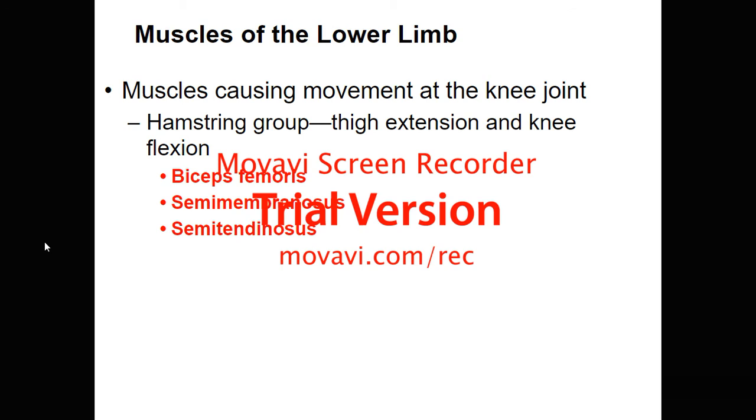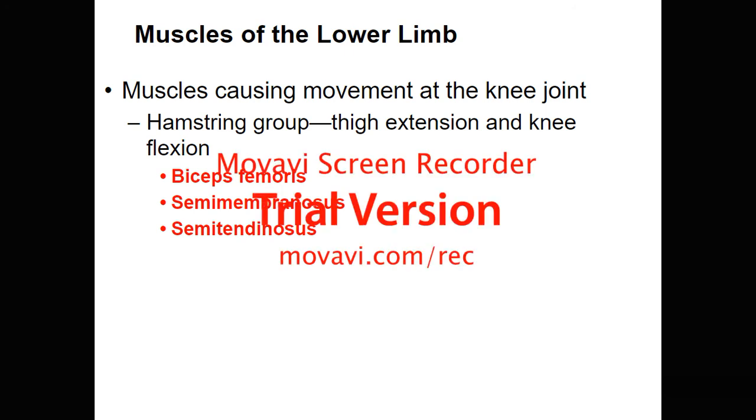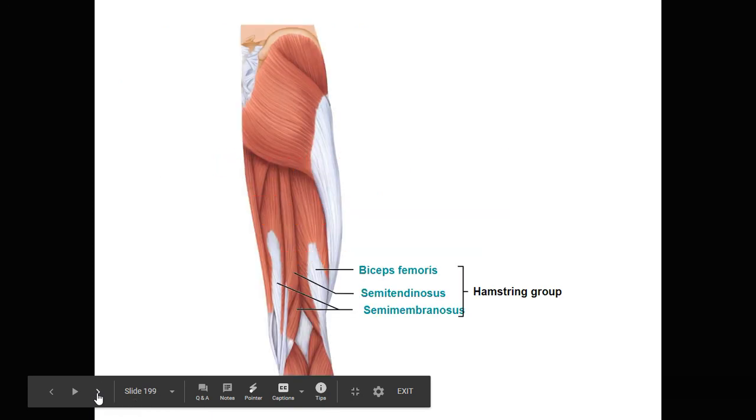All right, so muscles of the lower limb, you have muscles that cause movement at the knee joint. You have your hamstring group, which causes thigh extension and knee flexion: the biceps femoris, semimembranosus, and semitendinosus muscles.